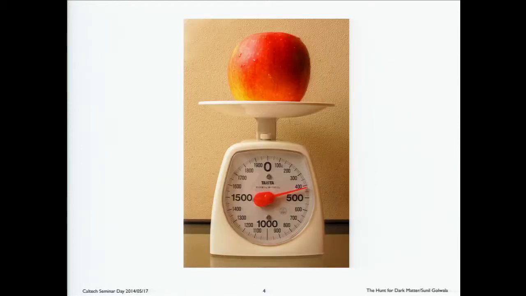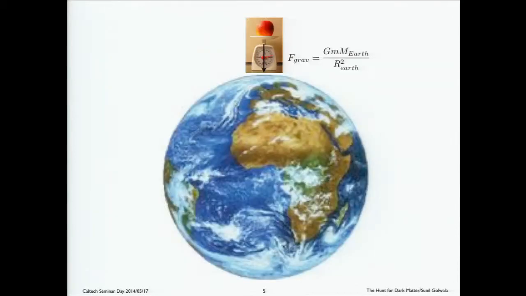Another way you can weigh something or find out its mass is put it on a spring scale. And the weight, the force of the Earth on the apple causes the spring in the spring scale to compress and turn the needle. So again, it requires you to be on the Earth. You need the gravitational force of the Earth acting in order to do this measurement of the weight, and therefore the mass of the apple.